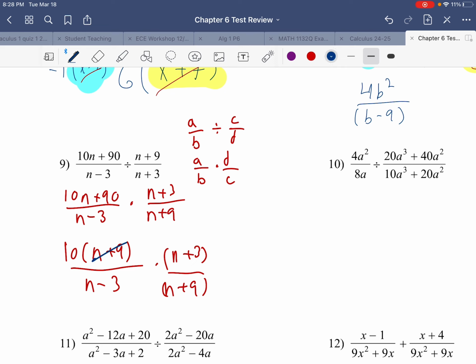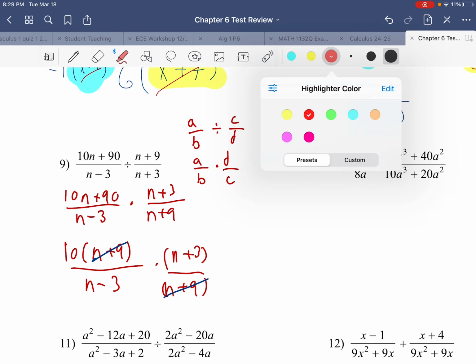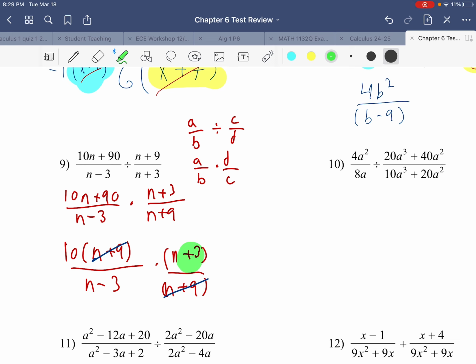Here, if I see n plus 9 divided by n plus 9, I know that those are going to cancel. N plus 3 is different than the n minus 3. So those can't cancel. But I'll be left over with 10 times n plus 3 divided by n minus 3.